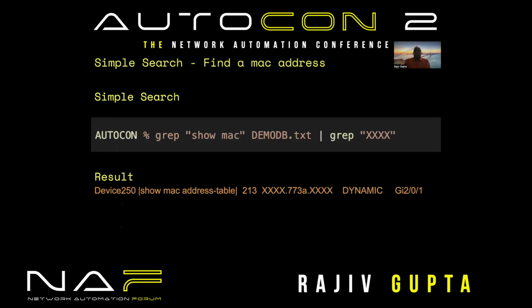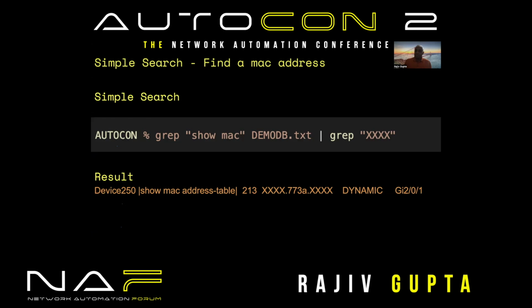So now let's look at what we can do. I'm going to start going through some simple examples, but you can search any way you want, or you can use the Gather database any way you want because it's a text file. So let's just find a MAC address. In my large database, I had the output of a show MAC. So I search for the output of the show MAC, and then I add the specific MAC address.